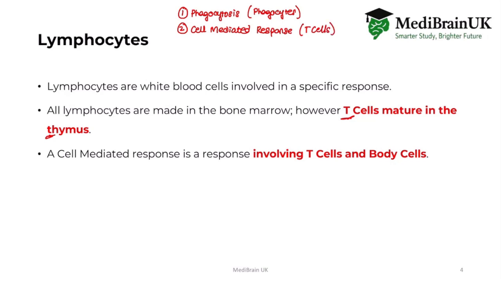Then stage 3 is your humoral response, and this includes your B cells. This humoral response we're going to be covering in our next lesson. But a cell-mediated response is one which involves T cells and normal body cells.